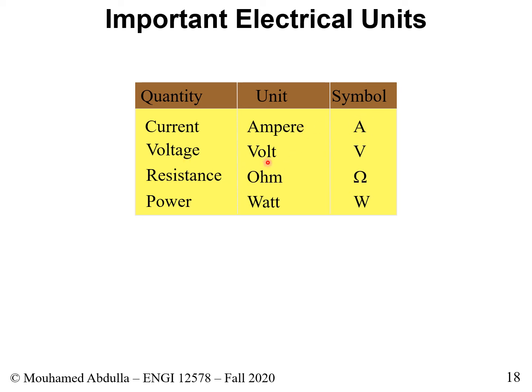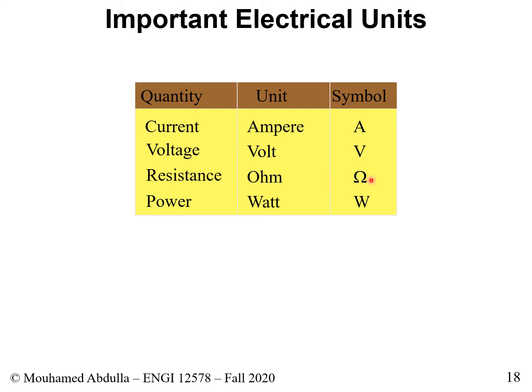Voltage. The unit of it is volt, and when you write it in specs, let's say you want to say 3.3 volts, you just write 3.3, a space, and then you put V for voltage. Resistance: the unit of resistance is ohms, and when you write it as a quantity, you just write the omega symbol, the Greek omega symbol.